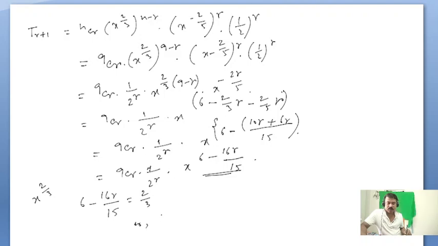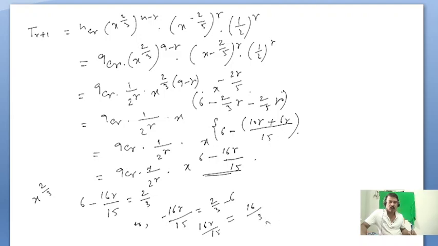After calculating, we get 16r by 15 equals 2/3 minus 6, that is 16r by 15 equals 16 by 3.